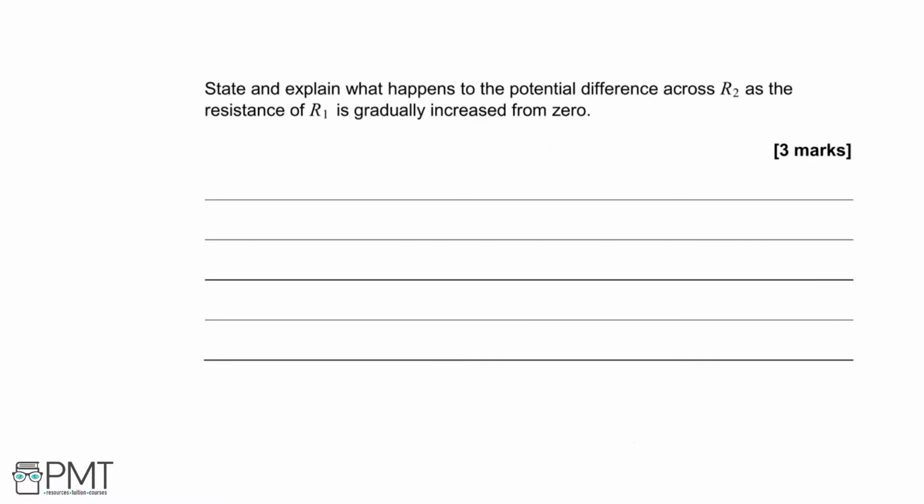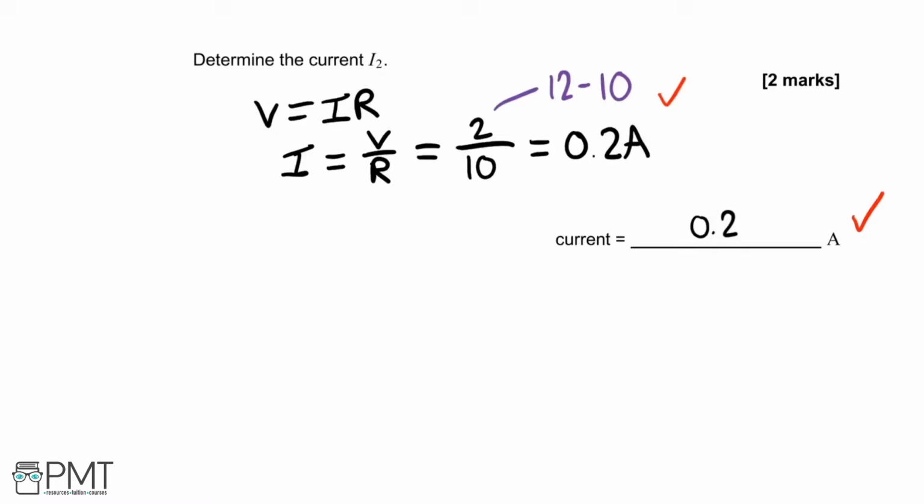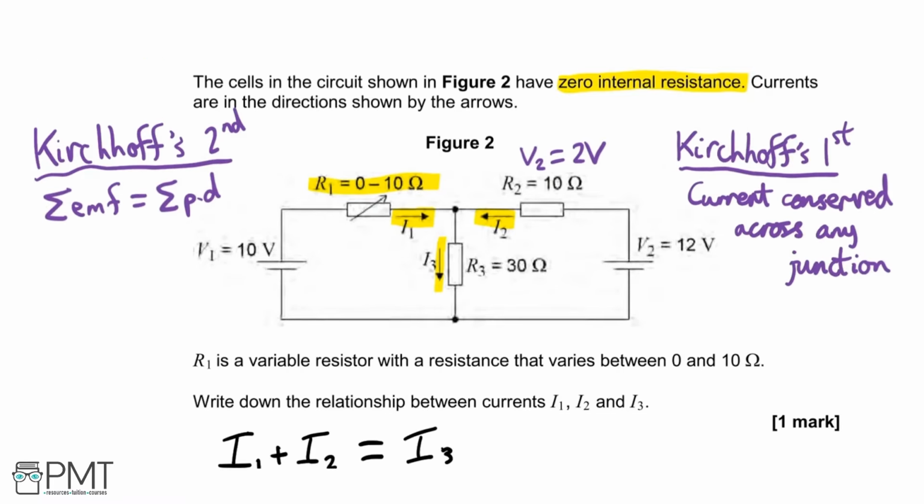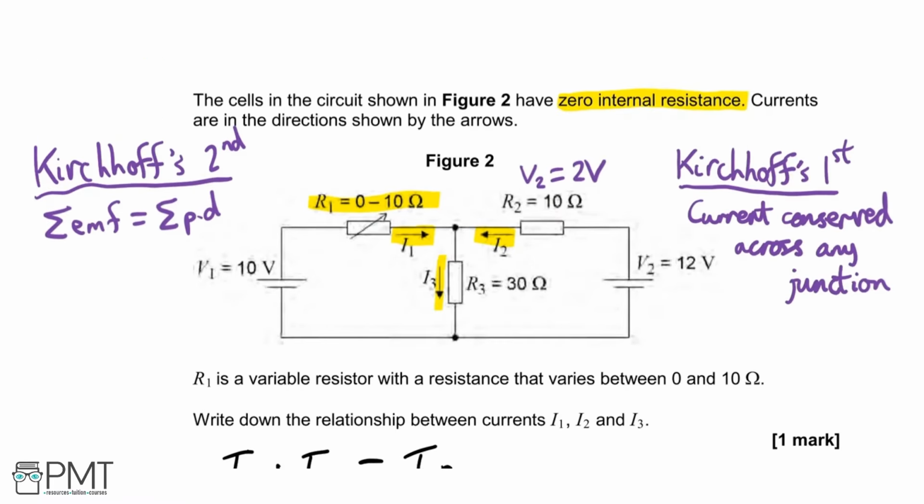State and explain what happens to the potential difference across R2 as the resistance of R1 is gradually increased from 0. So we're interested in what happens to the potential difference across R2 over here as we bring this resistance of R1 back up from 0, because it started off as being 0 at the beginning of the question.